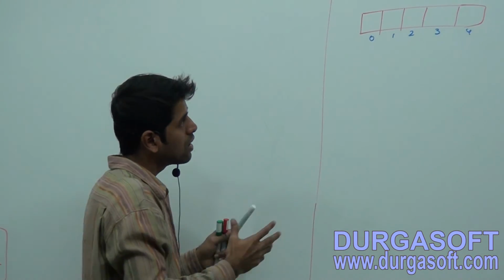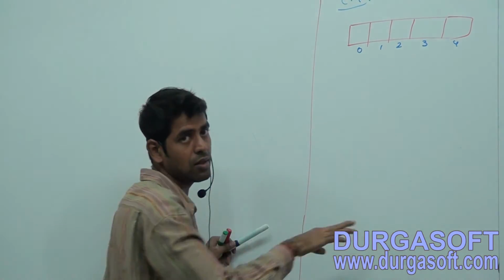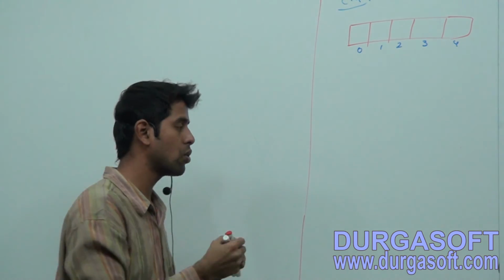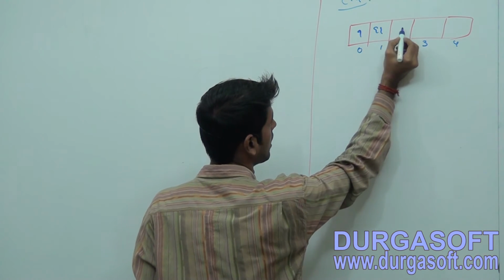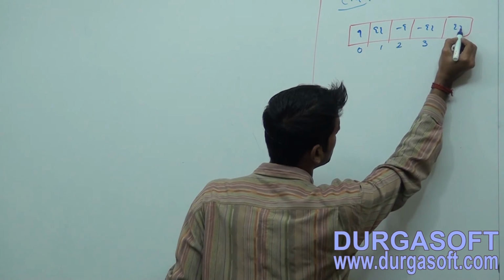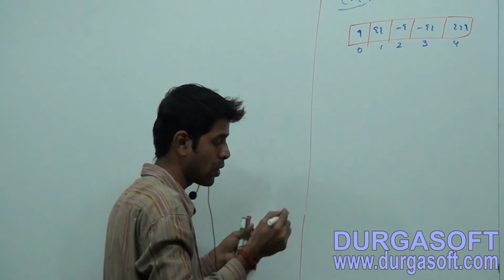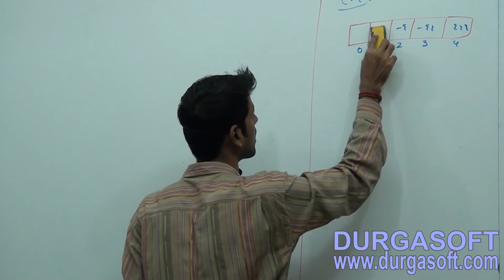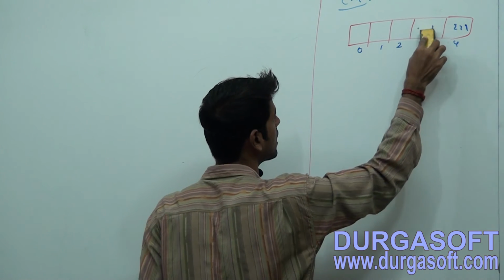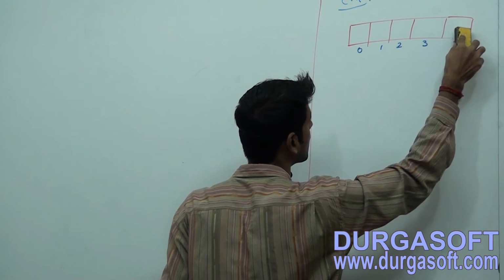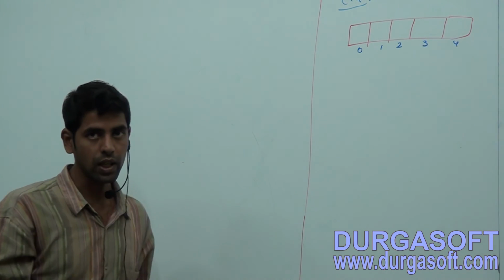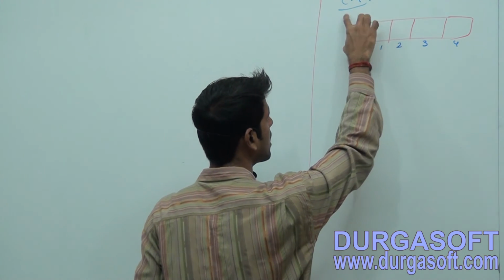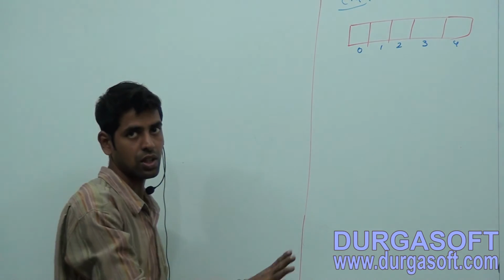Observe. First, do we have any elements here? Within this array data structure, did I store any data like 999, -9, -99? No, I didn't store any data within this array. No data within my circular queue data structure.